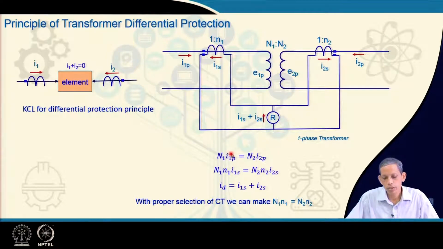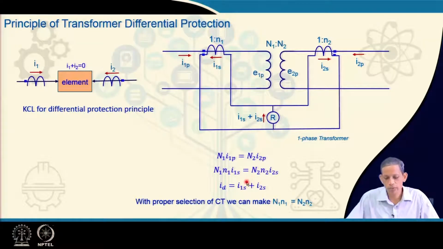Now, replace this primary current I 1p by the secondary current considered at the CT on this side, which becomes small n1 into I 1s. Similarly, replace I 2p on this side by the CT secondary current, which becomes n2 into I 2s. So we say capital N1 small n1 I 1s equals capital N2 small n2 I 2s.